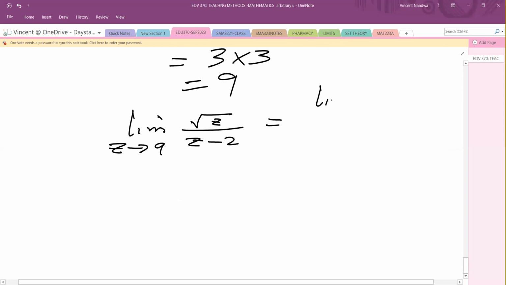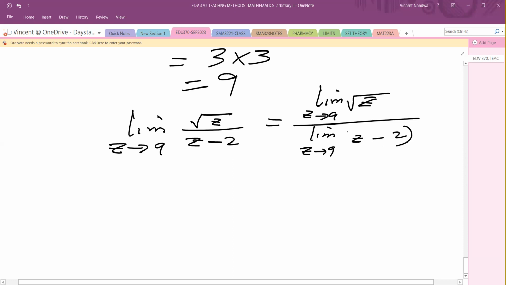So this is the quotient rule. So we have the limit of the top, root z, over the limit of the bottom, z minus 2. So we'll have the same as the limit of root z as z approaches 9.